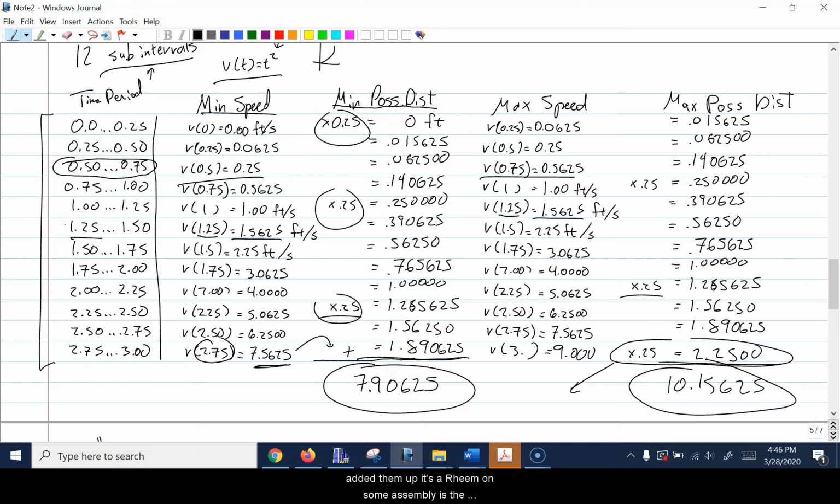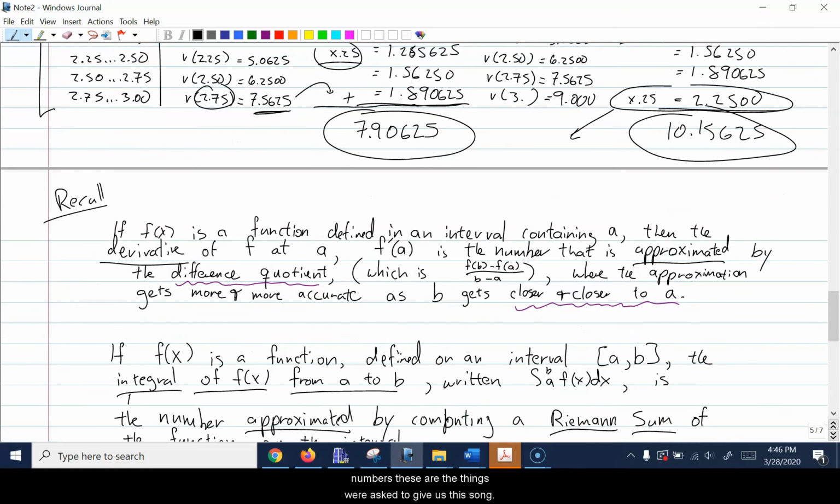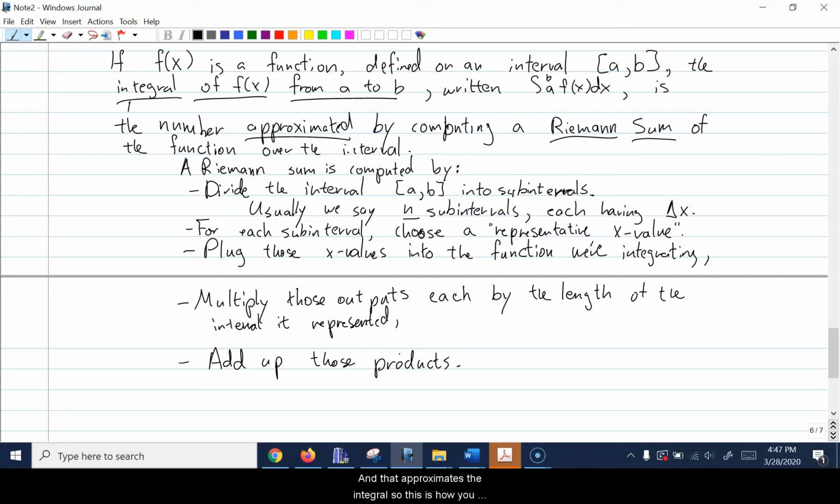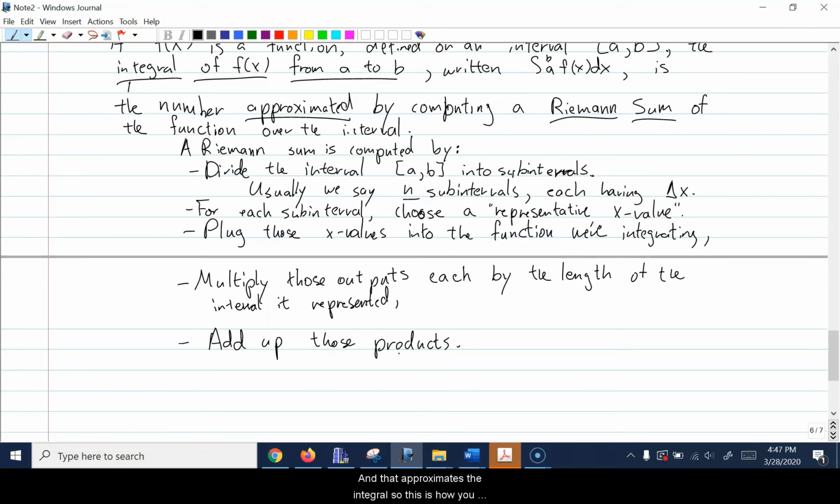It's a Riemann sum. A sum is the word for the result of adding up a bunch of numbers. These are the things we're adding that give us this sum. And that approximates the integral. So this is how you compute a Riemann sum.